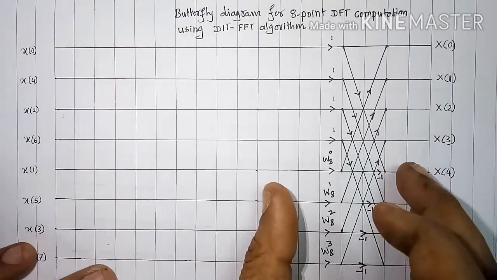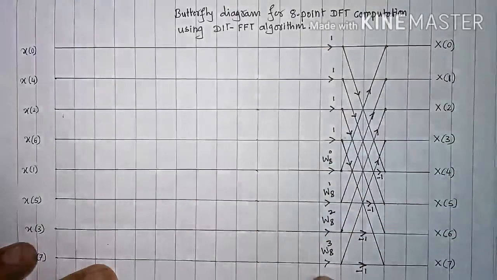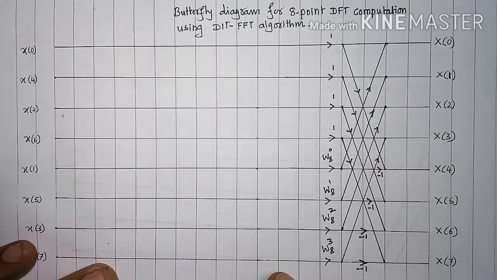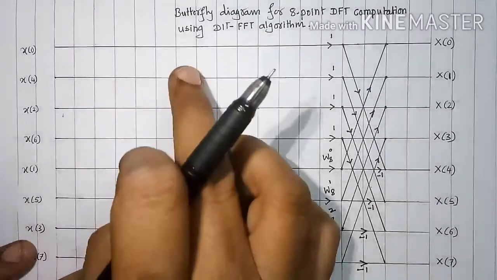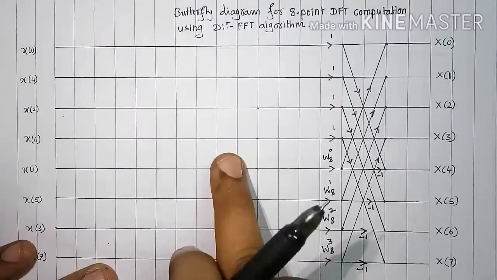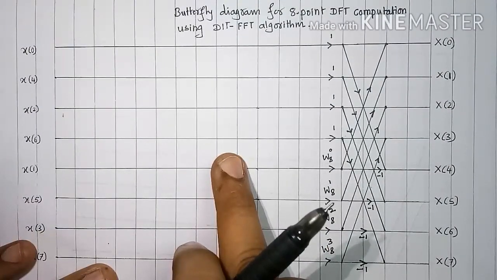Before this 8-point DFT computation, we will be having computation of 4-point DFTs by combining the 2-point DFTs. So next I will show you here how the butterfly diagram appears for it.